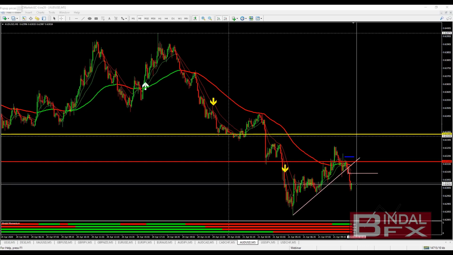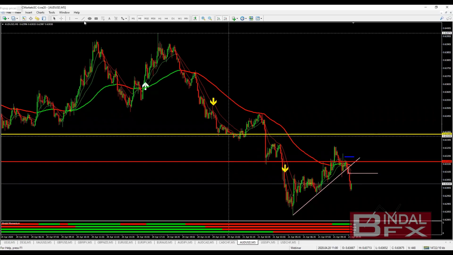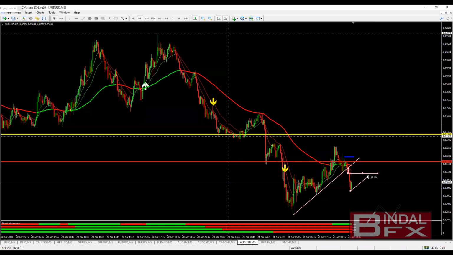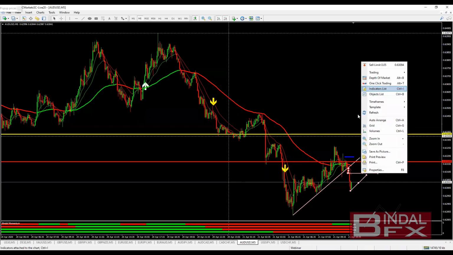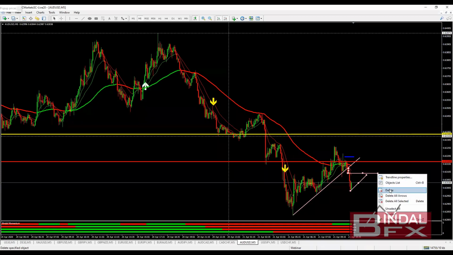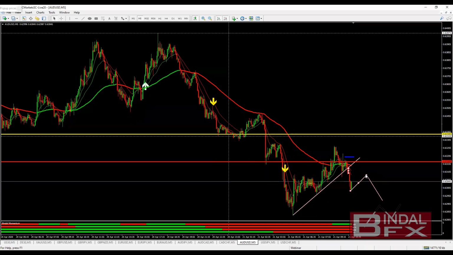So if this comes up, does a 1, 2, 3 like this, and then moves down, this is the new resistance point.